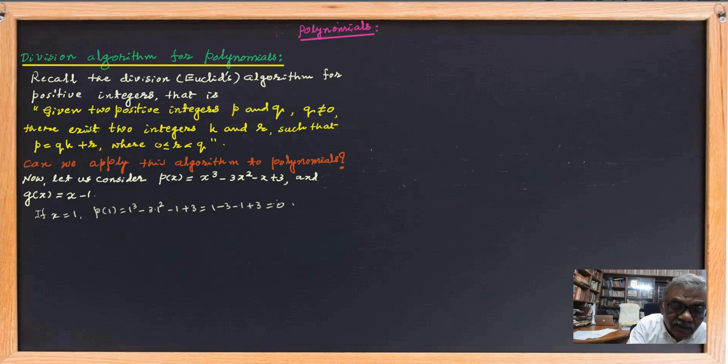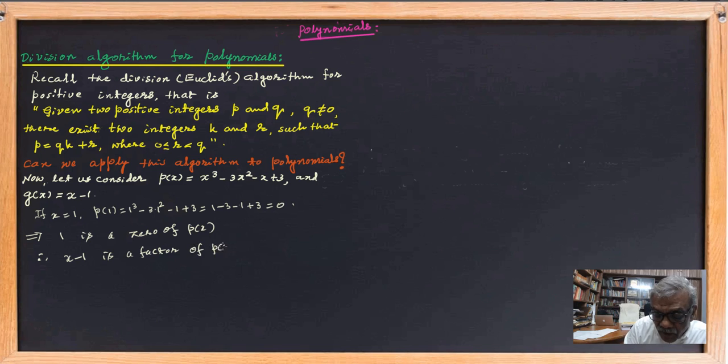This implies that 1 is a zero of p(x), and therefore x minus 1 is a factor of p(x), and hence you can write p(x) is equal to (x minus 1) into q(x), where q(x) is called the quotient.